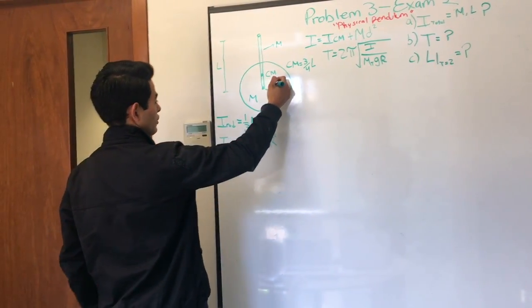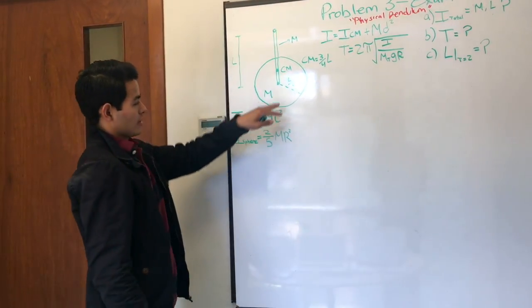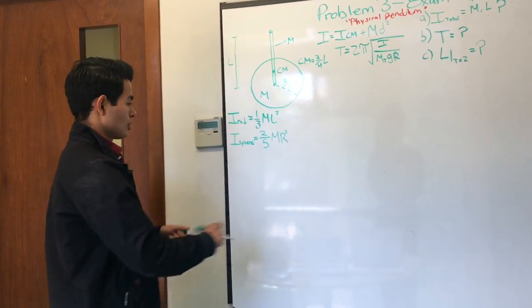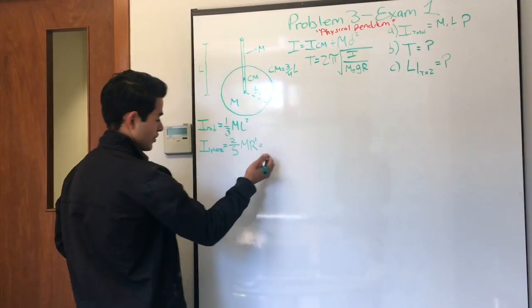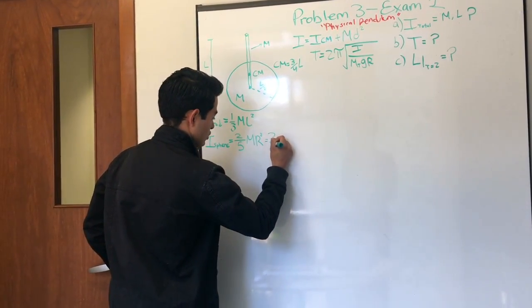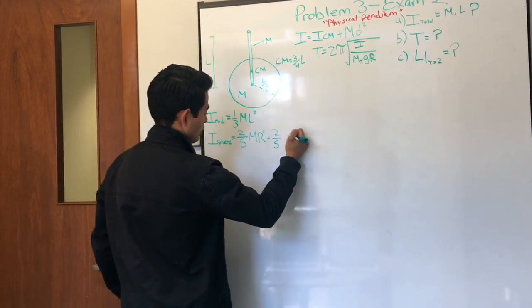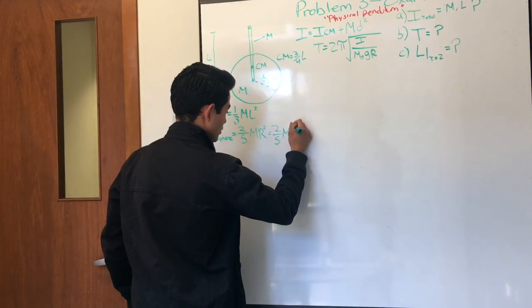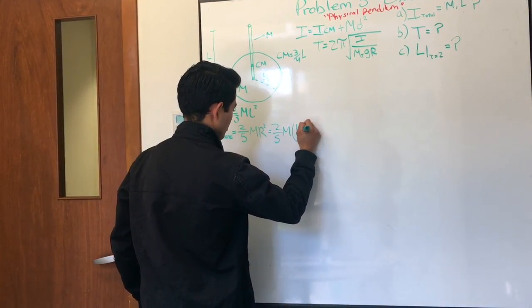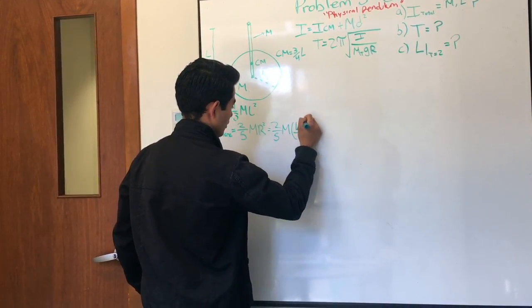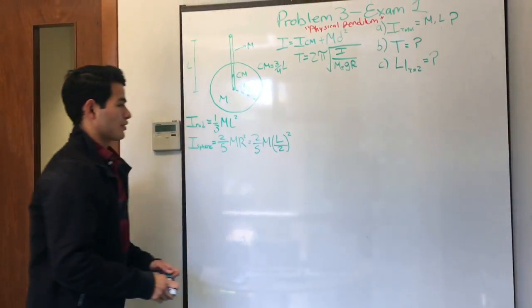But the radius, as we can see here, is half of the length, so we can rewrite this as 2/5 of the mass times half of the length squared.